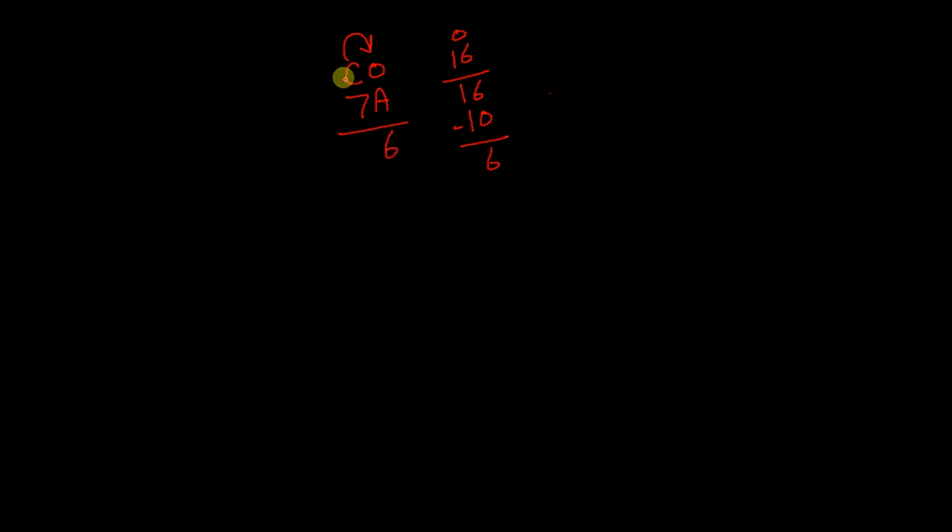Now this C becomes B because we have taken 1 borrow. B is 11. So 11 minus 7 will give you 4. So the answer is 46. You can also verify it by directly converting it into a binary equivalent and then subtracting.